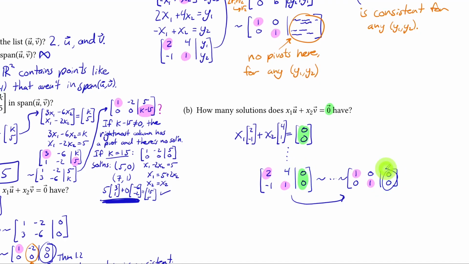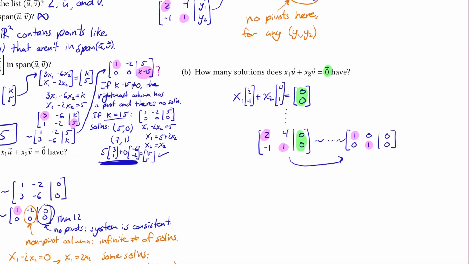So these are still going to stay zeros. So this is now equivalent to just x1 plus 0x2 equals 0. And the second equation says 0x1 plus 1x2 equals 0, which just means we have the one solution, (0, 0), which we could have seen also because there are no free variables.